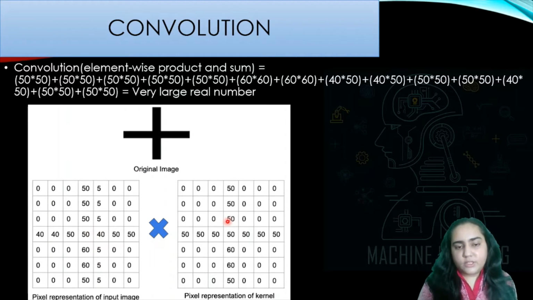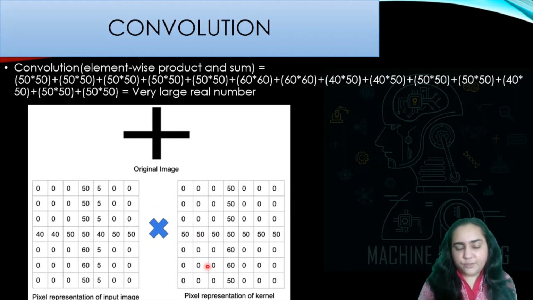But now when you multiply these two images, you will notice that you'll get a very large real number. You can see the multiplication here, taking product and sum. We know that in a matrix, when we multiply, we take row into column. So whenever you're doing that, you'll be doing 0 into 0. Then all these three zeros will be zeros, but this 50 will get multiplied by 50.